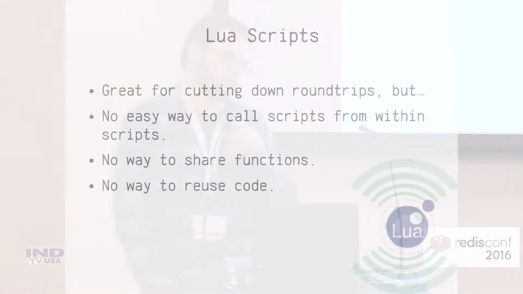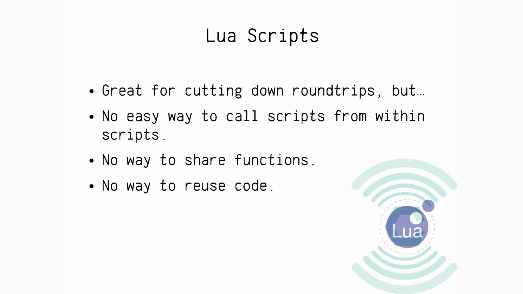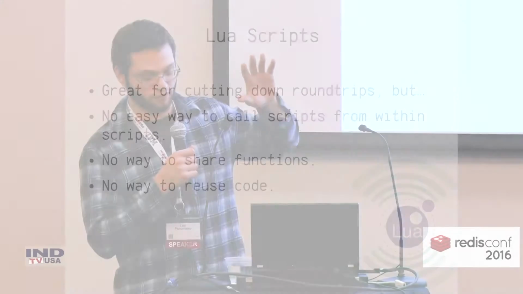So I use a lot of Lua scripts, and they're great to cut down round trips, and they're great to do data handling logic, especially if the rest of your project is in some low-level language like C. But it's got some drawbacks. There's really no way to call scripts from other scripts because you have to know their hashes, and if you're developing the scripts, the hashes are going to keep changing, so you need to keep changing the hashes within the scripts, or you need to pass the hashes of other scripts as parameters to other scripts.